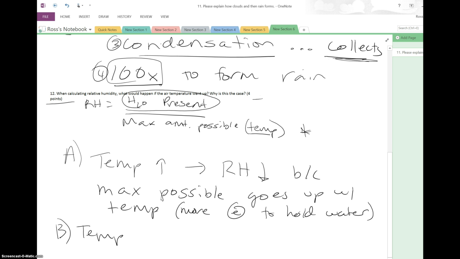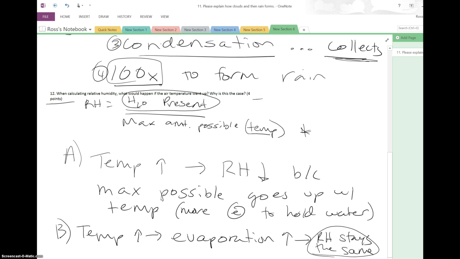So if temp increases, you will see the maximum possible amount go up, but also evaporation can increase, which will lead to the numerator going up, and RH stays the same. So that's one, and that's the other.